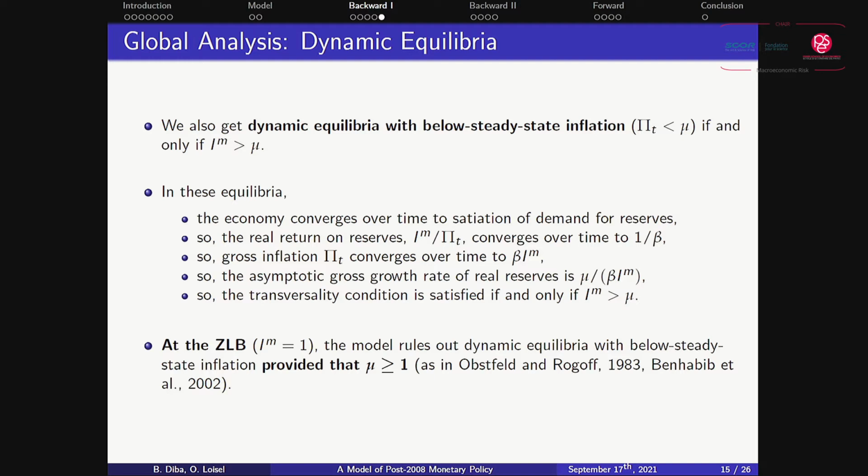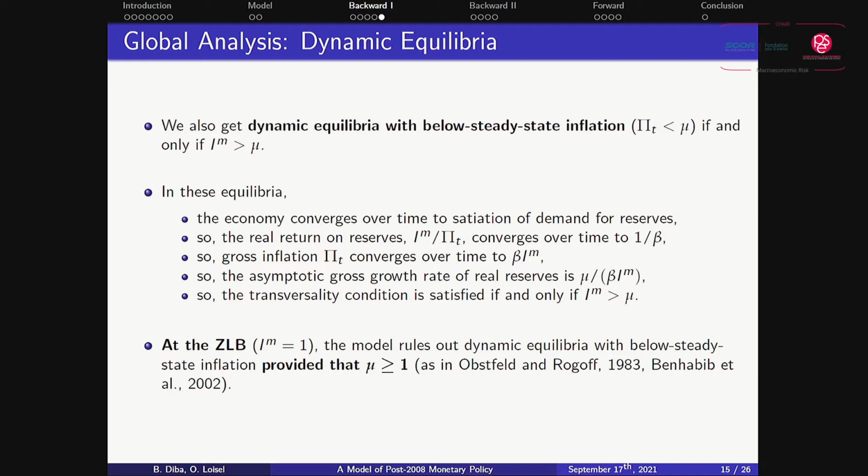Well, you have to have in mind that in these equilibria, in which there is deflation relative to the growth rate of reserves, the economy actually converges over time to satiation of demand for reserves, which means that the real return on reserves, IM over inflation, converges over time to the real return on bonds, 1 over beta, so that gross inflation converges over time to this value, beta IM, and then the asymptotic growth rate of real reserves is mu over beta IM, and the transversality condition says that this growth rate should be lower than 1 over beta.